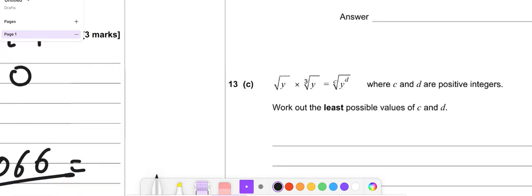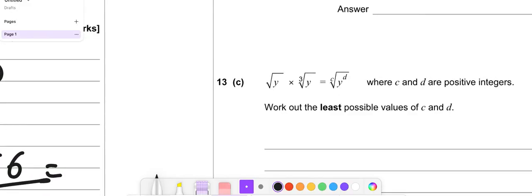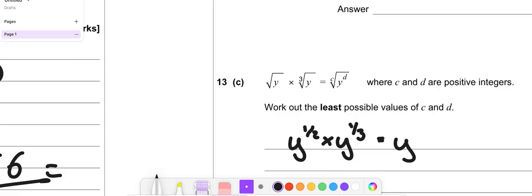And work out the least possible values of C and D. So we've got y to the power half times y to the power third equals y to the power d over c.